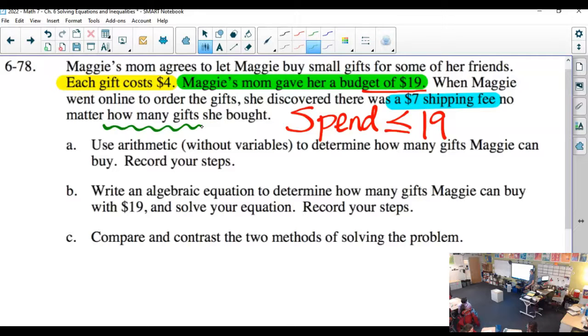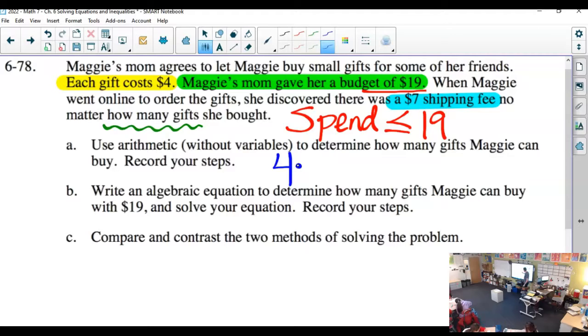Okay. Farah, do we know how many gifts she's buying? No. Do we know how much each gift costs? Yes. So what we know is every gift is going to cost 4 times, what variable could we use for gifts?